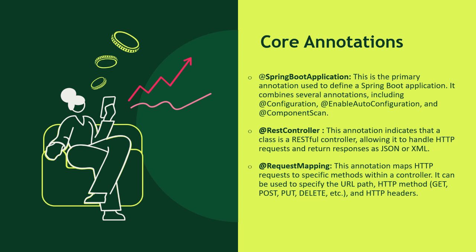This is an annotation which, as I said, is going to map your request to specific methods within the controller. So inside this REST controller, you will have this @RequestMapping. You can specify the URLs over here, and then map them to the specific HTTP methods. We have GET, POST, PUT, DELETE, and there is an HTTP header as well.